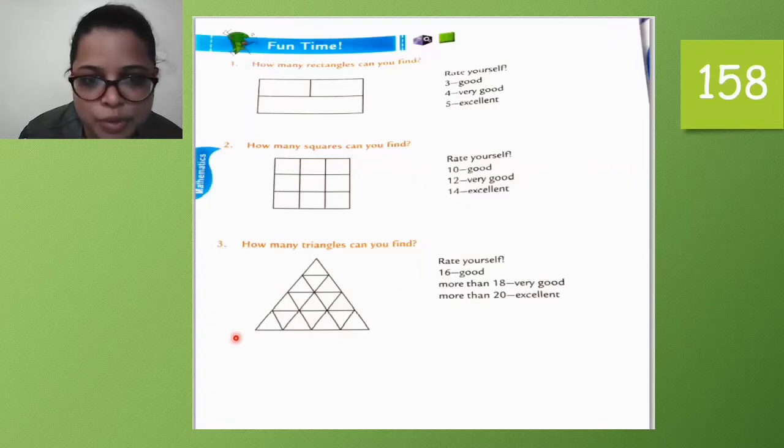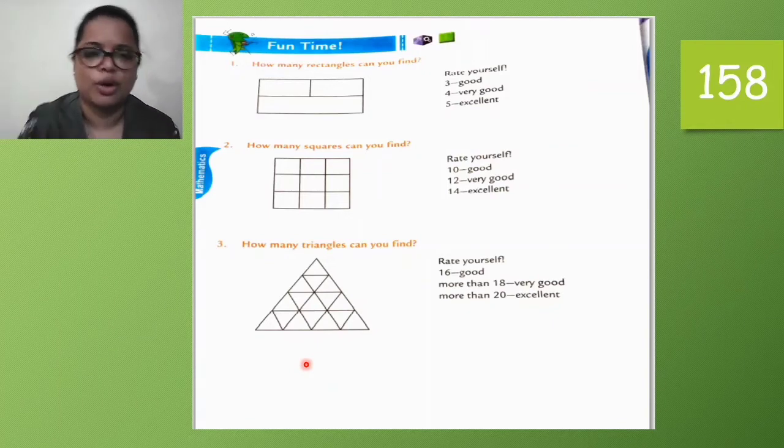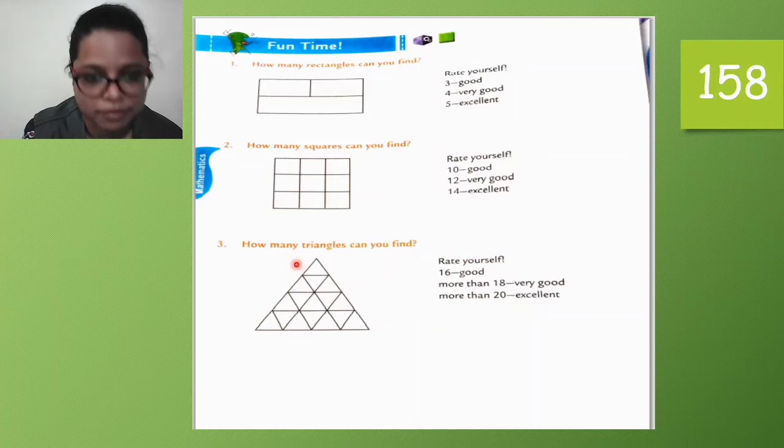That means we have got an excellent remark. So let's give a pat on our back that we have got an excellent remark on all questions. It's really a good thing. Now if you can find more triangles in it, please go ahead and find them. Okay, so let's go to the next slide.